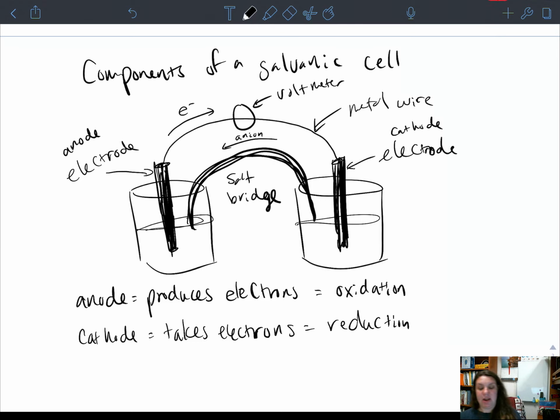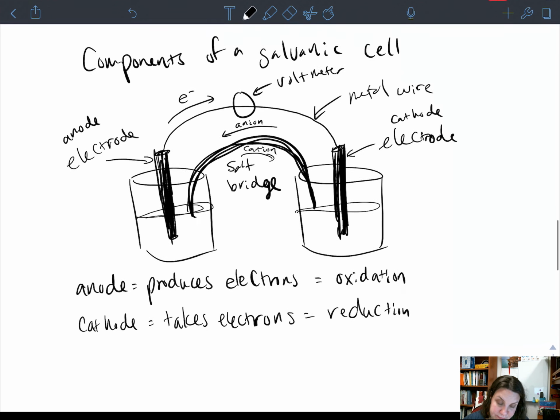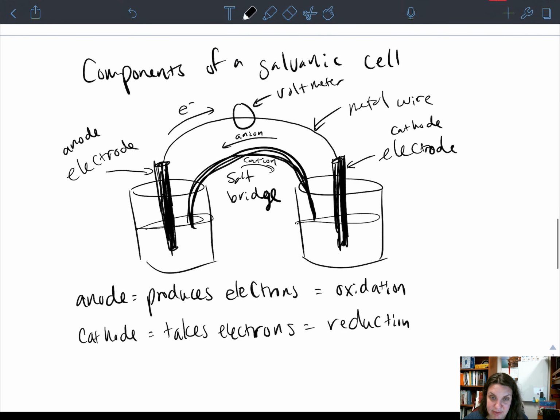And it's separated in order to actually harness the energy that's produced during this flow. But of course we have to have our anions go towards our anode as we are removing electrons. We can also have cations go towards our cathode. So, okay. That is the galvanic cell itself.